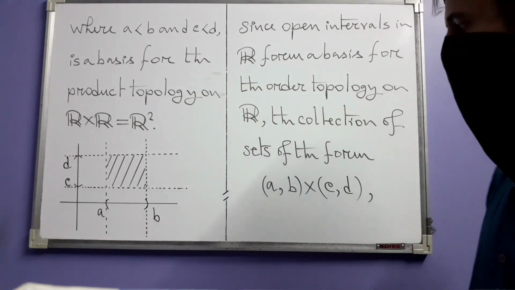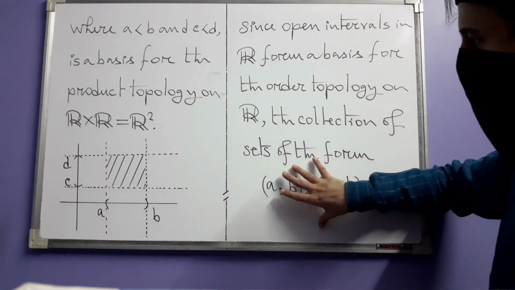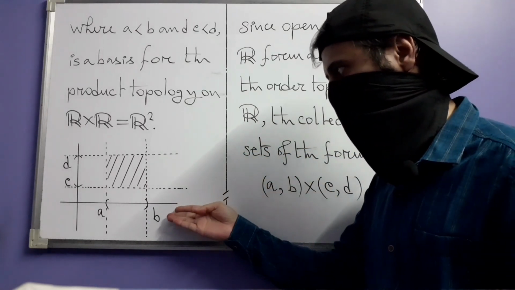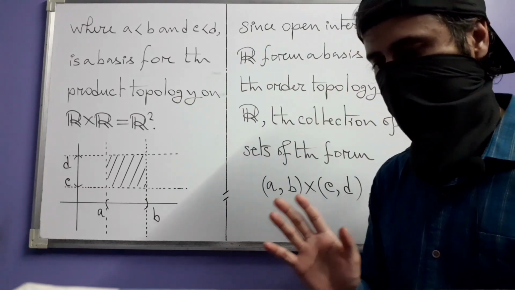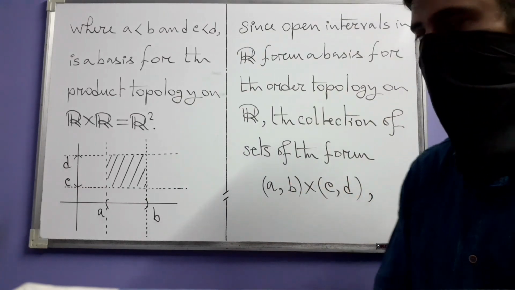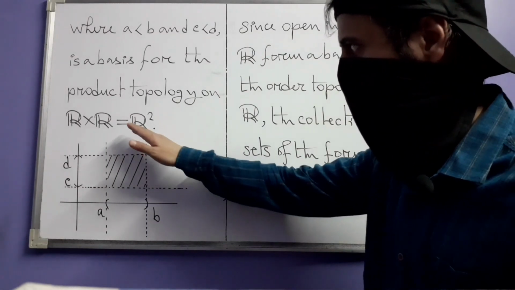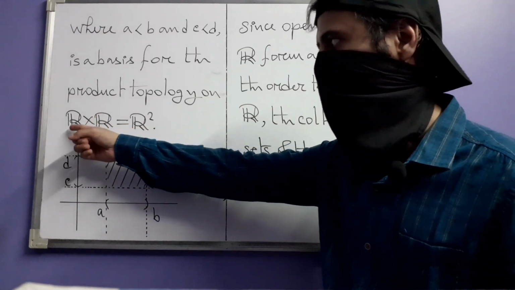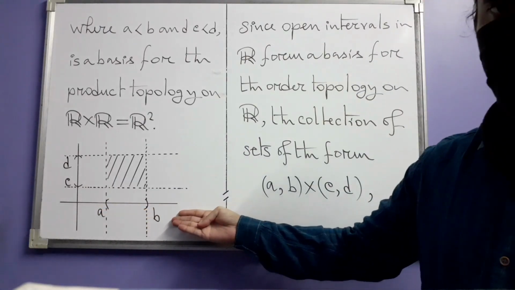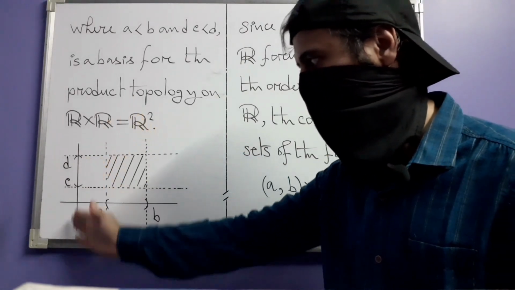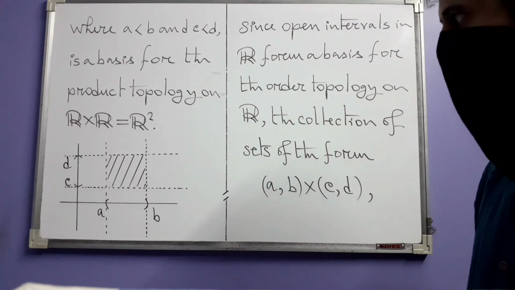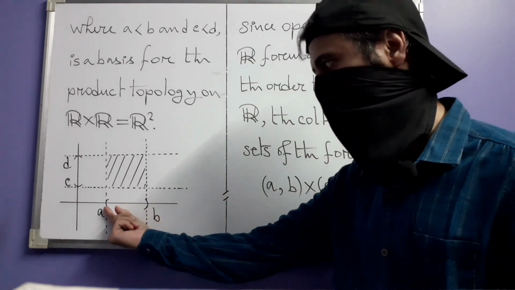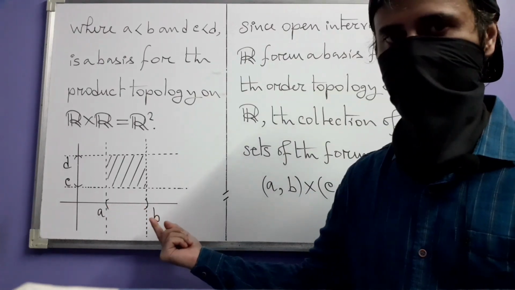If you remember, geometrically these sets look like that, and actually you can draw a diagram here which is geometric in nature and not just a schematic diagram. That's because you can visualize this as the two-dimensional plane with one copy of R representing your x-axis and the other copy representing the y-axis, and the open interval a comma b on this copy is this line segment.